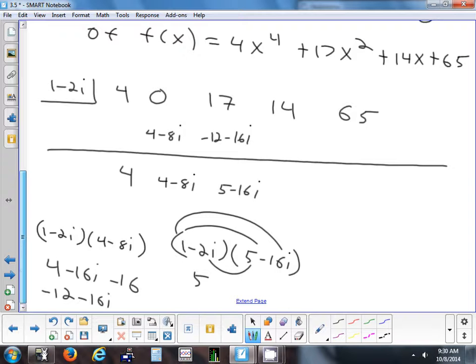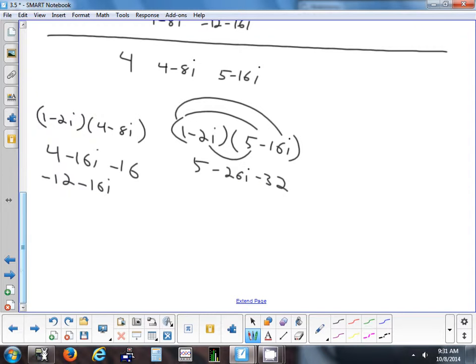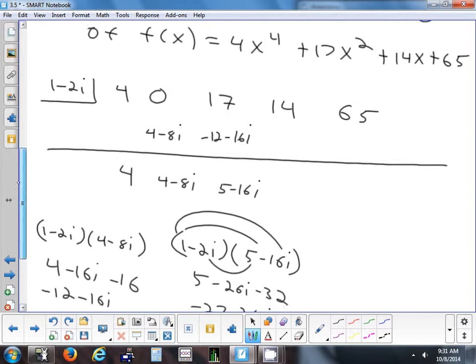What's negative 16 minus 10? Negative 26i. And then we're going to get negative 2 times negative 16. That's a positive 32. I squared changes it to a negative 32. So what's 5 take away 32? Yep. So negative 27 minus 26i.